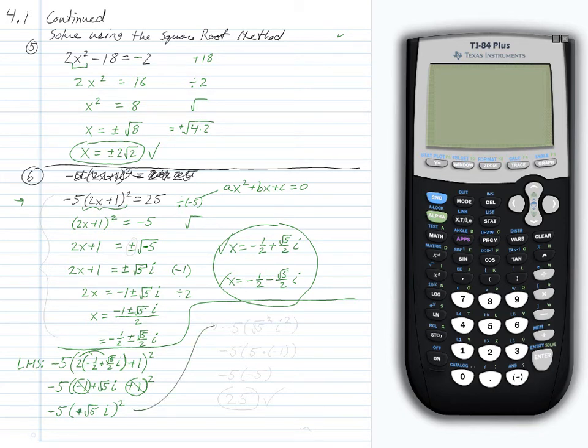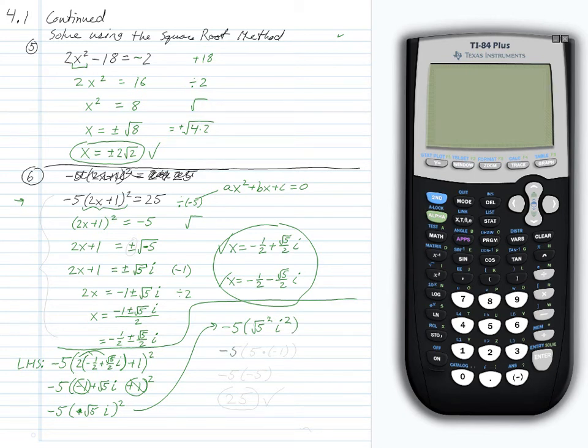Alright, well, if I square a product, and remember order of operations, I want to perform the exponentiation before I multiply by -5. If I square the product of root 5 and i, that would involve squaring the root 5 and squaring i. So that's taking care of the exponent.